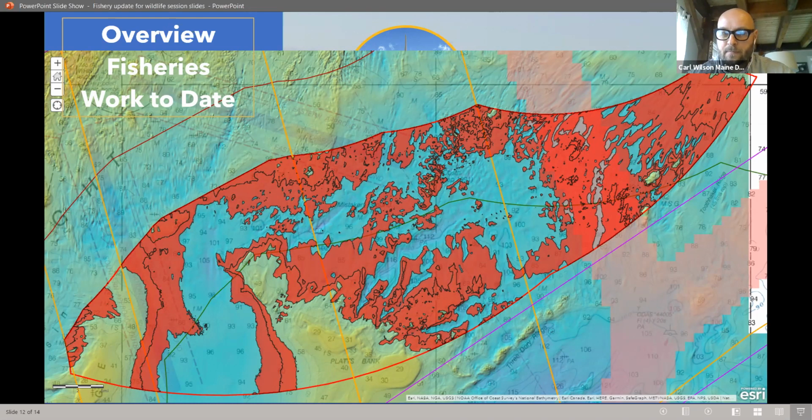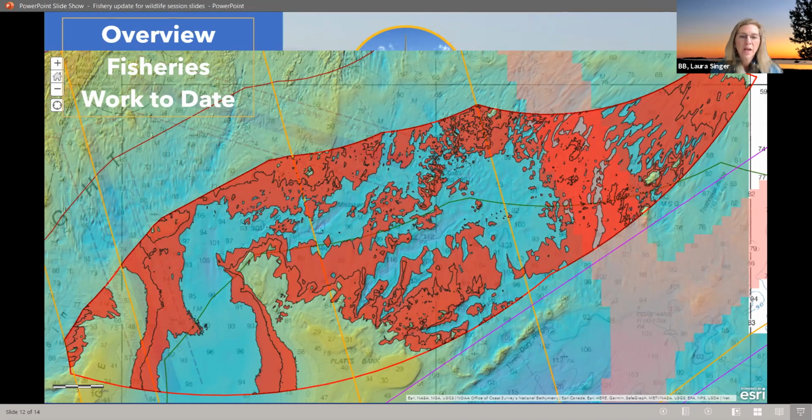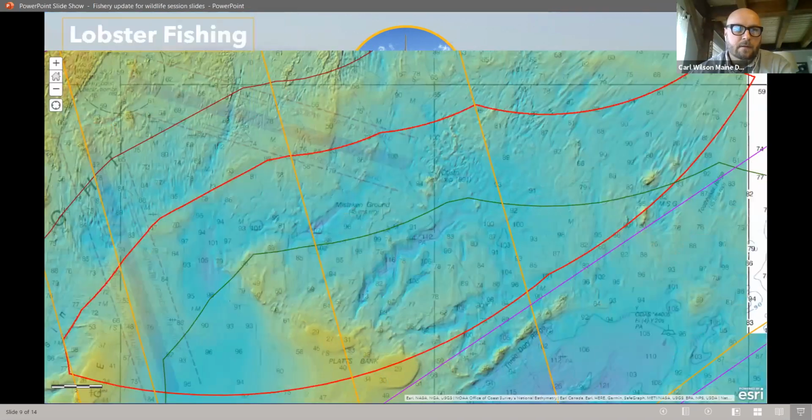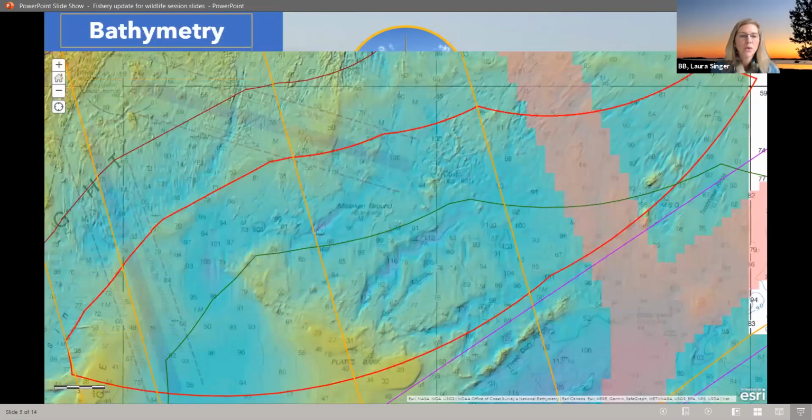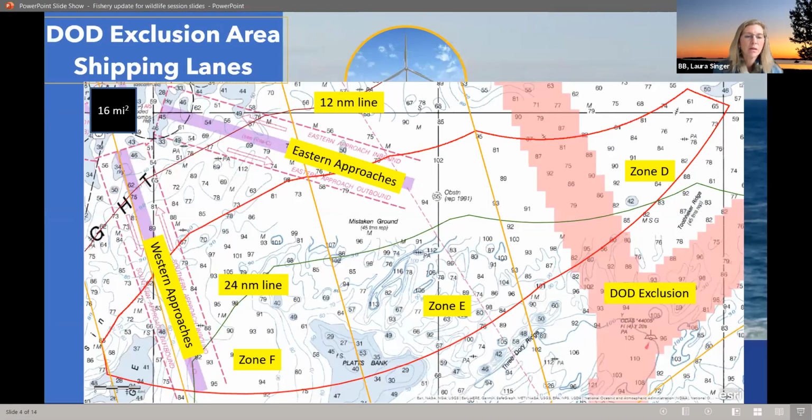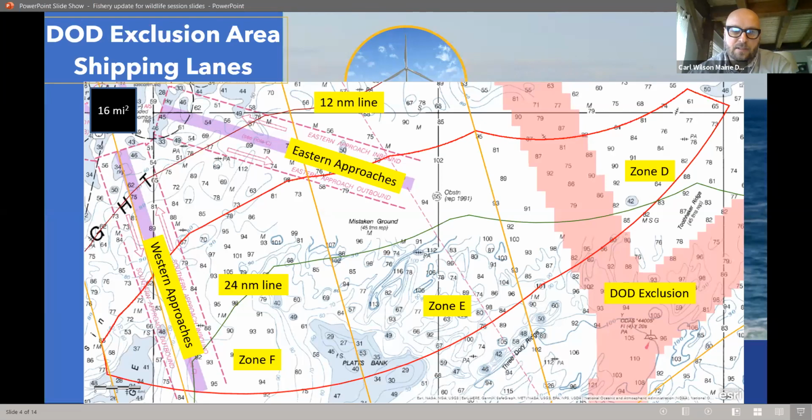Great, that's helpful. Jeff, before I go to you, the other question that people had was, is there a way, and maybe you can just do it with this scale here, I don't know, Carl, that you can show what the 16 square miles looks like in relationship to the bathymetric colors?